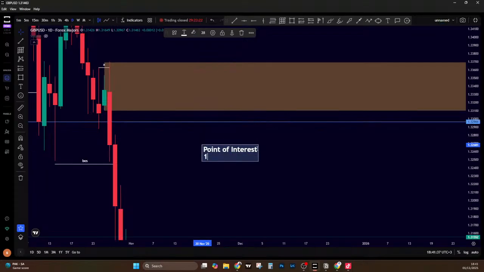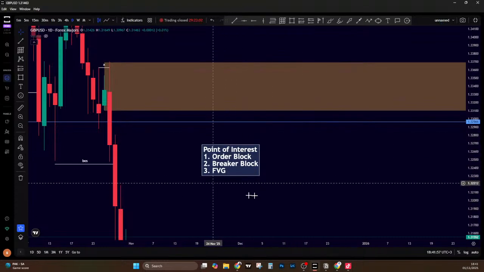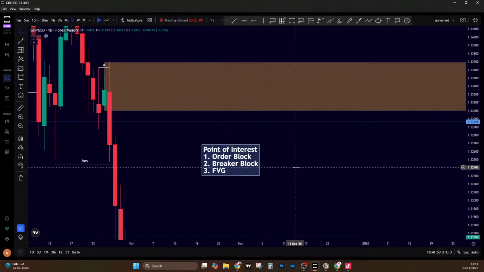Number 1, we have an order block. Number 2, we have a breaker block. And number 3, we have an FVG. These are some of the most used points of interest.